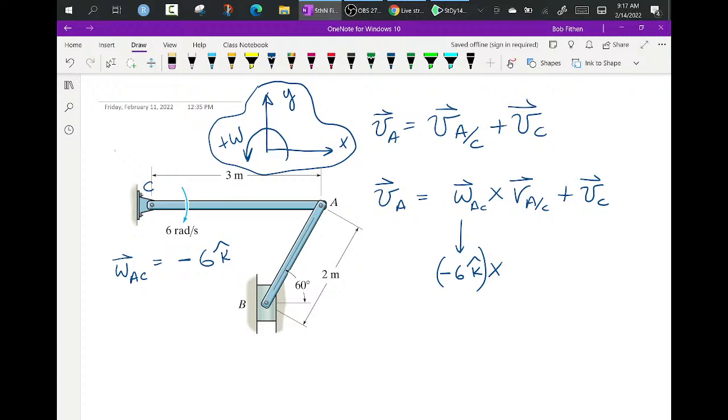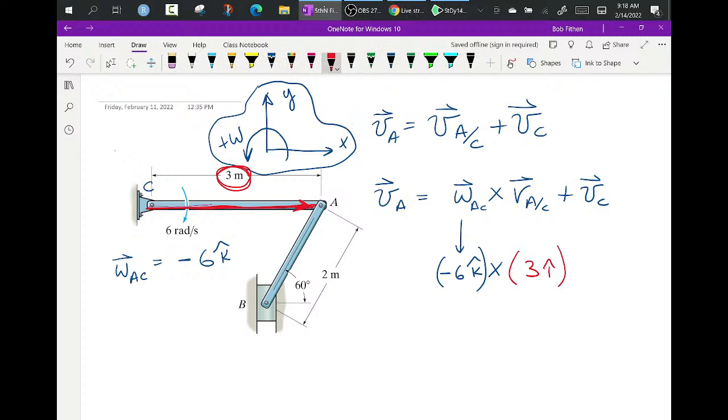So if you draw a vector that originates from C and points to A, you'll have a vector that goes like that. Bad drawing, but it's 3 meters long, and it only points in the X.